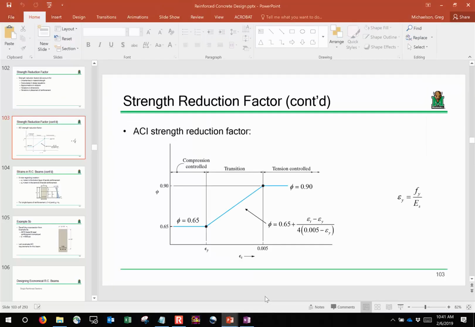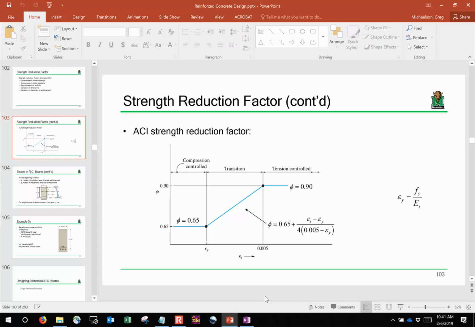So for beams, if our strain is between 0.004 and 0.005, we have to interpolate using that equation. We'll need the strain in the steel and the strain at yielding, and this is just the equation of that line, so it's pretty straightforward.